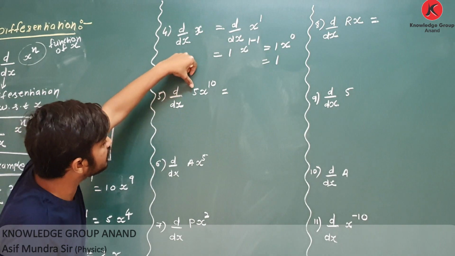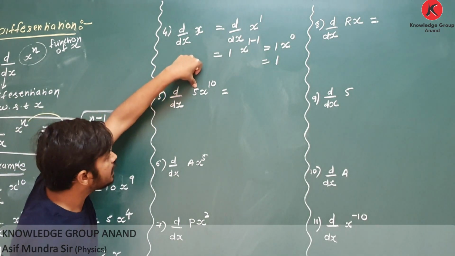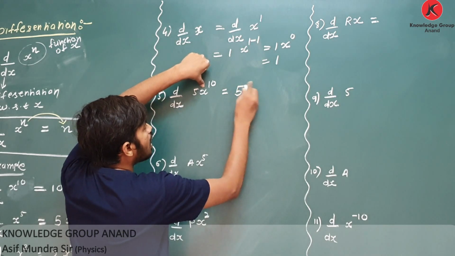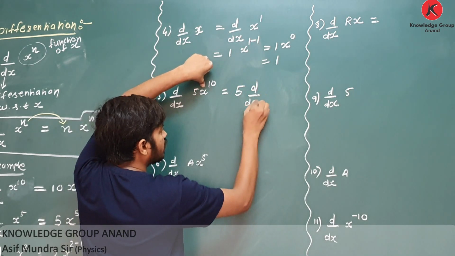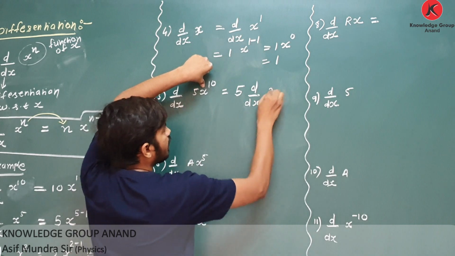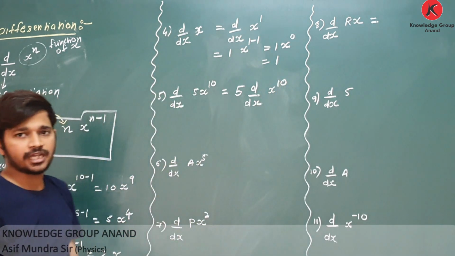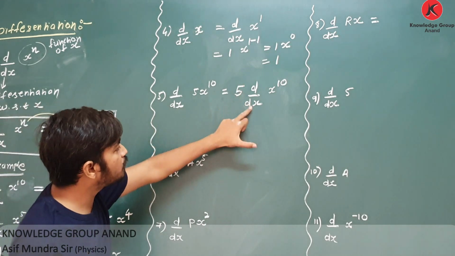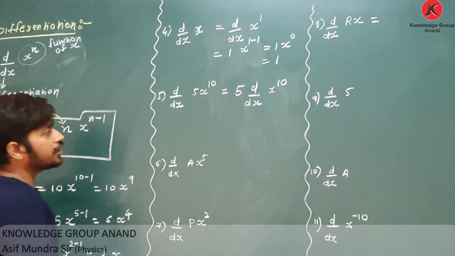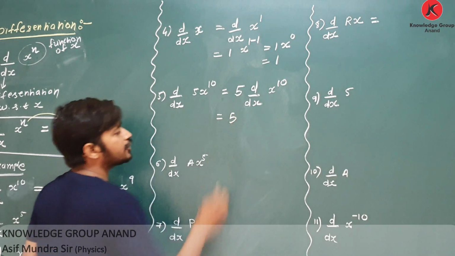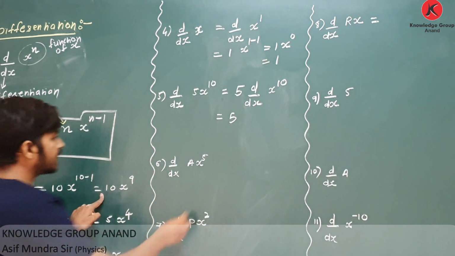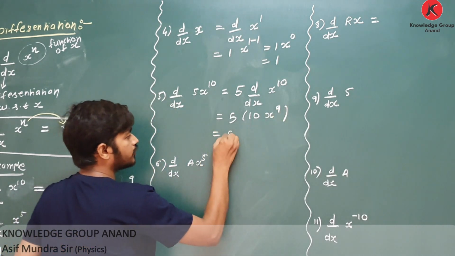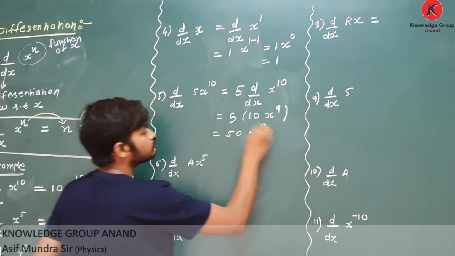So if you are given such a constant in multiplication with a function, you can take it out of differentiation. You write 5 d upon dx of x raised to 10. Now the differentiation of x raised to 10 you know, it is 10 x raised to 9. So it is 50 x raised to 9.